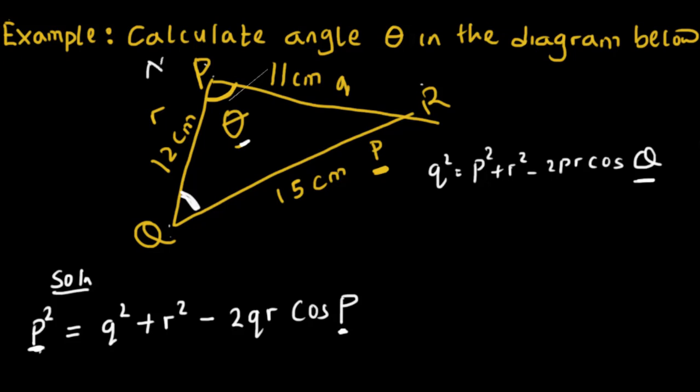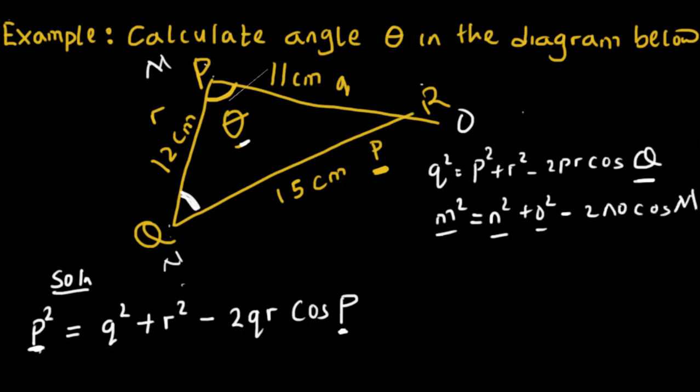If I'm given M, N, O, I don't care. All I need to do is just to use the format. So for this M, I should be having m squared equals, what other sides do I have? n squared plus o squared minus 2no cos M. As simple as that. I hope you understand this.